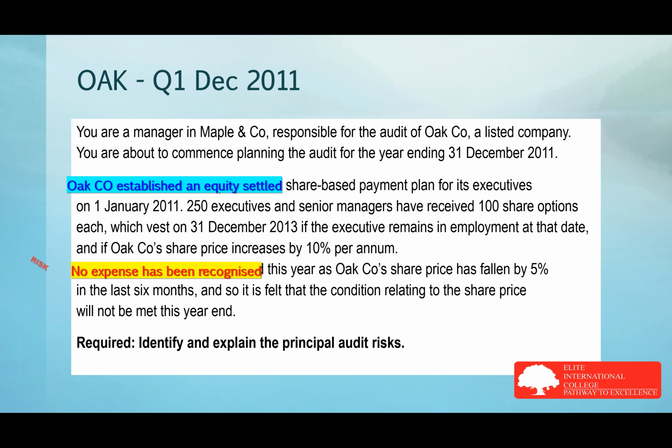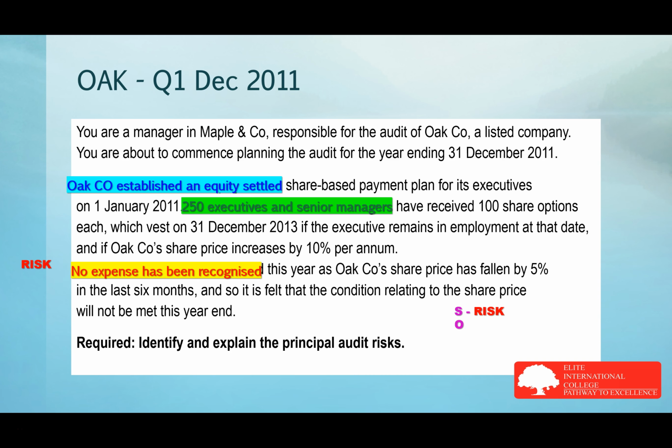First, the risk that the plan has not been recognized. Then, even if management agree to recognize the expense, there's a risk that the measurement rules have been incorrectly applied. Then there's the risk that incorrect staff numbers have been included in the calculation, that they have included 250 instead of the number of staff expected to remain at vesting date.